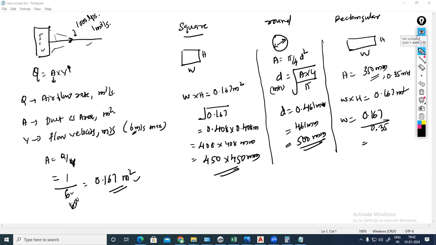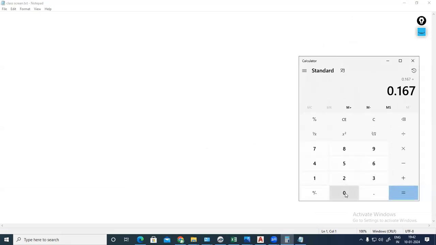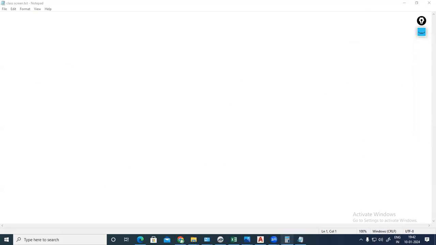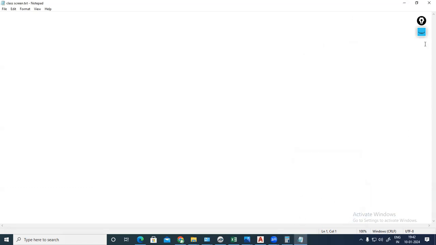What dimension will you get? 0.167 divided by 0.35. That will be 0.477 meter.